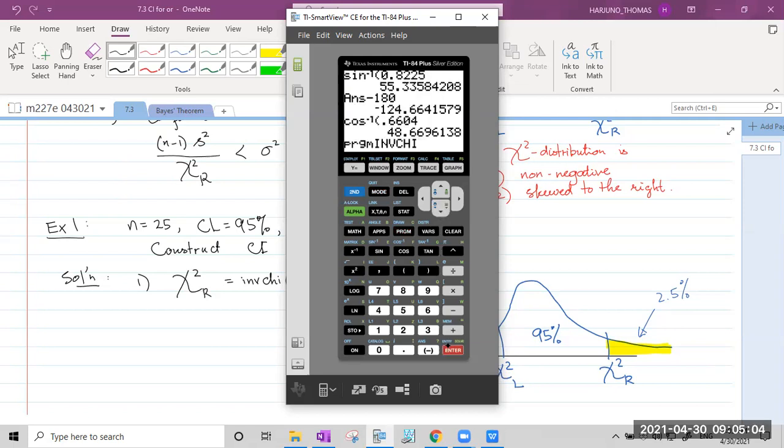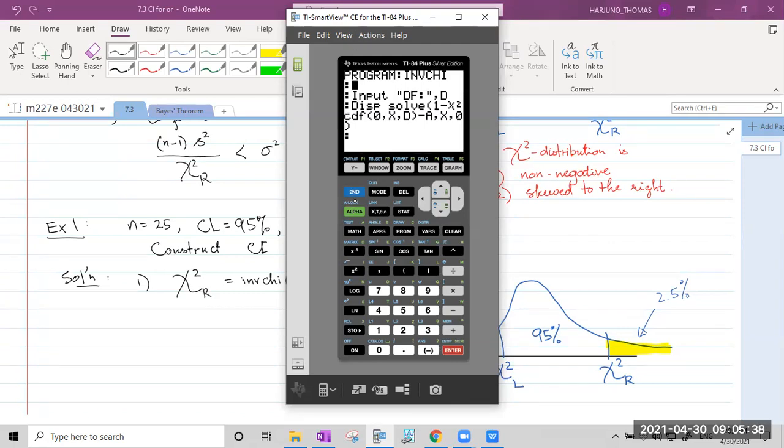Oops, I did change it, because the first question is supposed to be area. Let me go back quick. Edit inverse chi. Yeah, I happen to change it. Okay, let me put it in then.